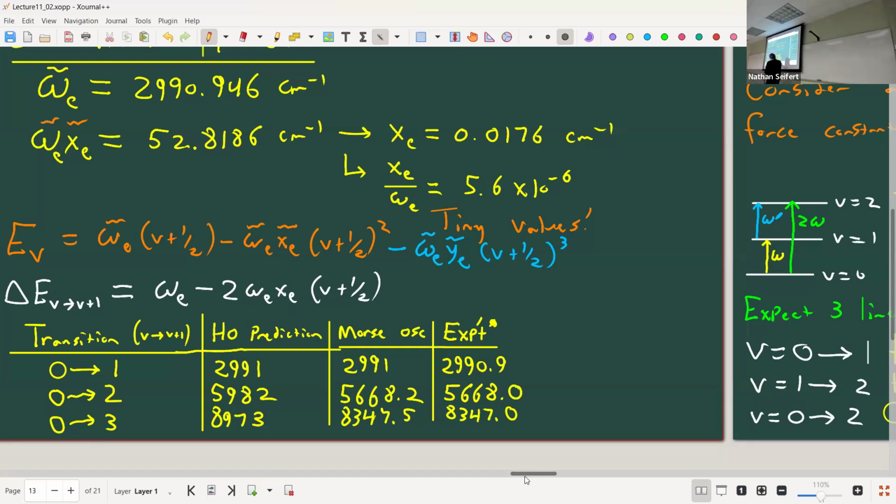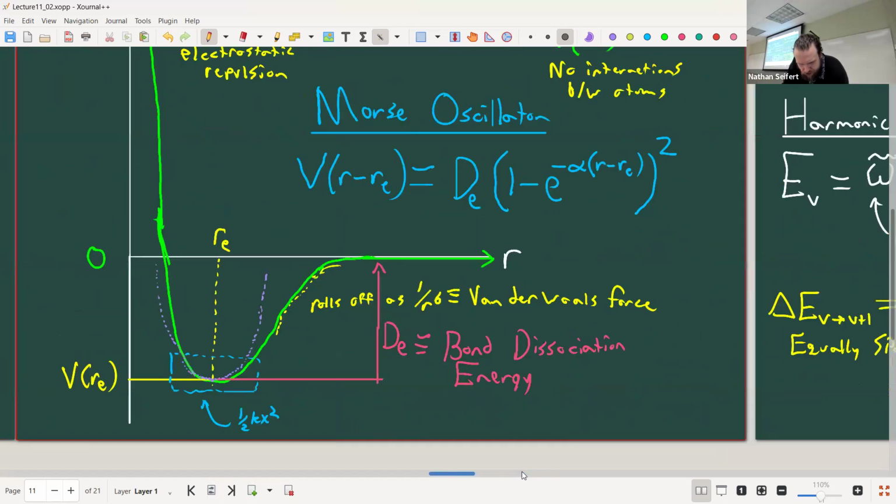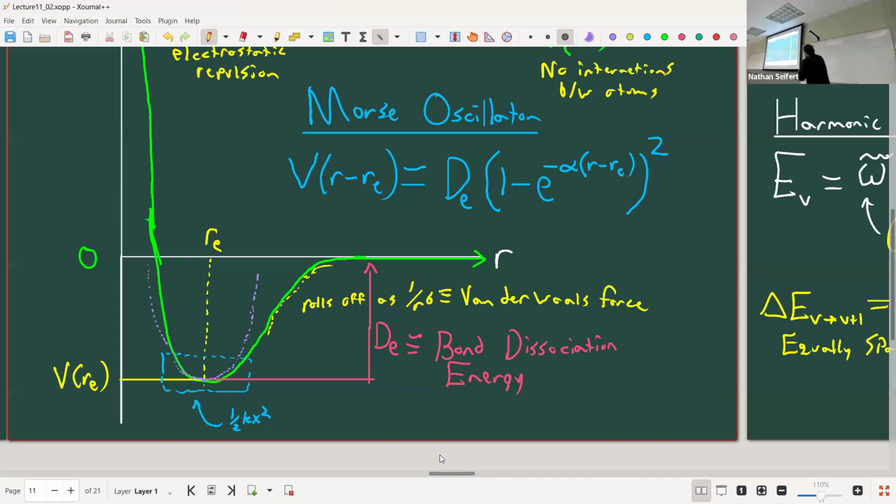And because it's slightly anharmonic, these selection rules get broken a little bit. It turns out there are 2 different sources of anharmonicity, but if you think about it, the bond is not perfectly symmetric. If we go back to our potential, the potential is not symmetric on both sides.